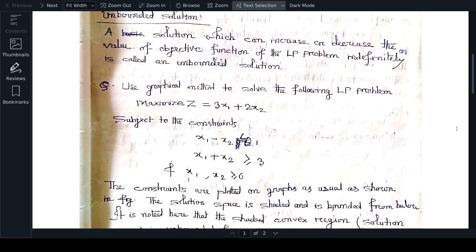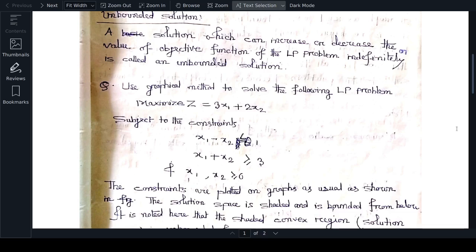Related to this definition, the next question is how you will get an unbounded solution. First, what is our aim in the graphical method? Whether the feasible region exists or not, meaning whether we can get the common region. If we get the common region, then the solution lies in this common region.